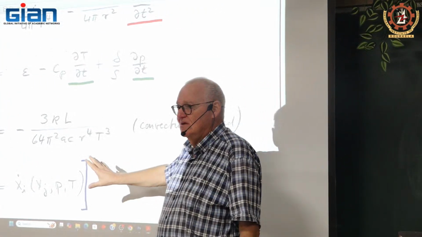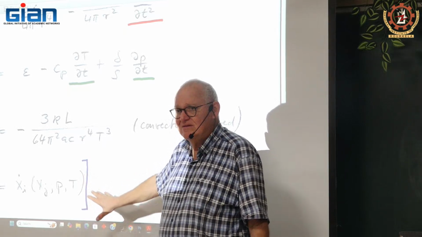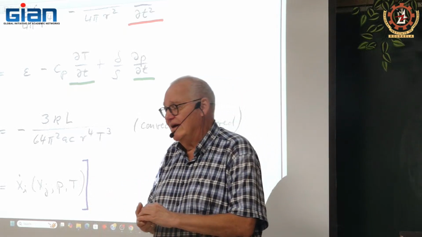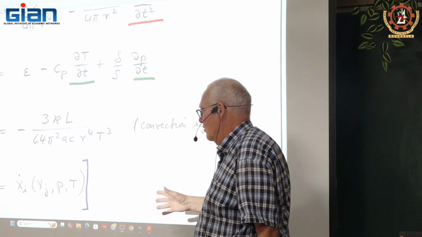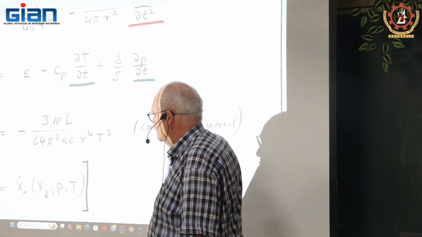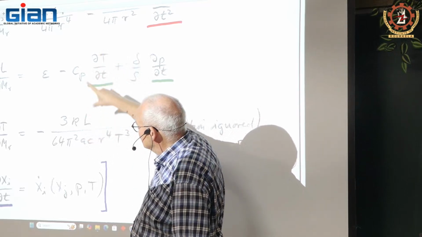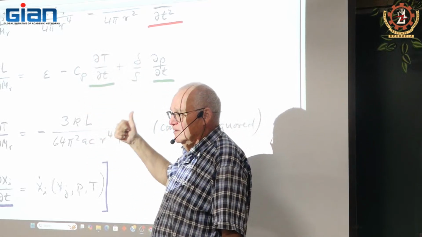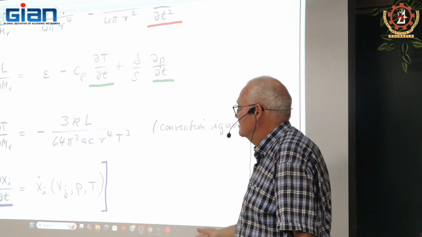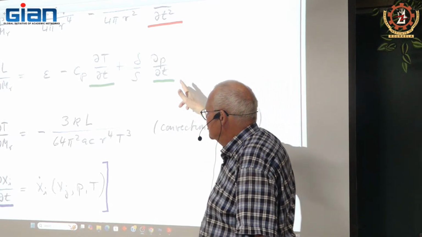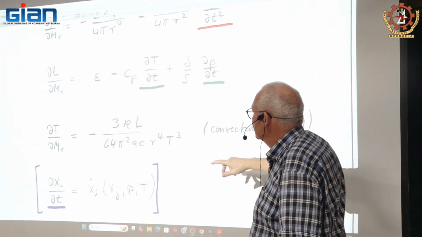This accounts for the change of chemical composition by nuclear reaction. This equation is ignored for stellar pulsations because nuclear reactions take place on a much longer timescale compared to the pulsation timescale. So we have to consider these four equations: mass conservation, momentum conservation, energy conservation, and energy transport.